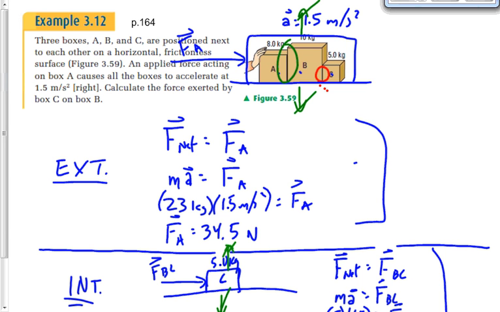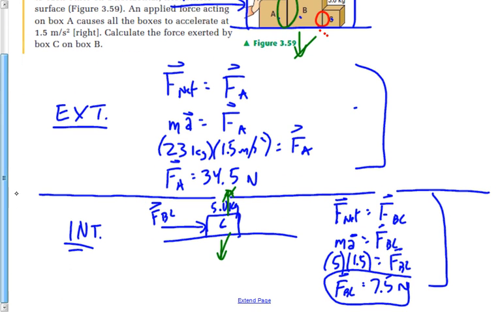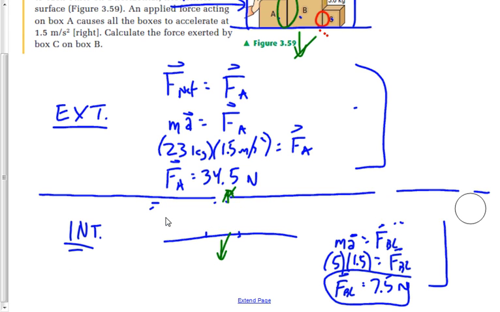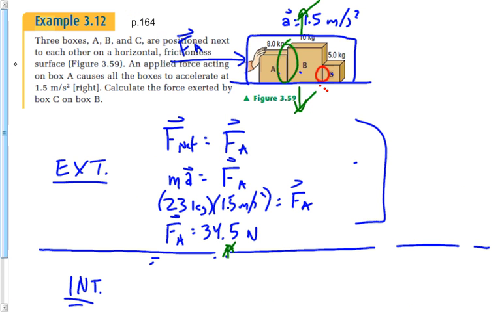We've found the applied force here to be 34.5 newtons. Now we want to analyze one of the objects inside the truck, the internal forces. But we're not going to analyze object C like we did in the last question. If we want to find the force between A and B, let's pick either object A or B.